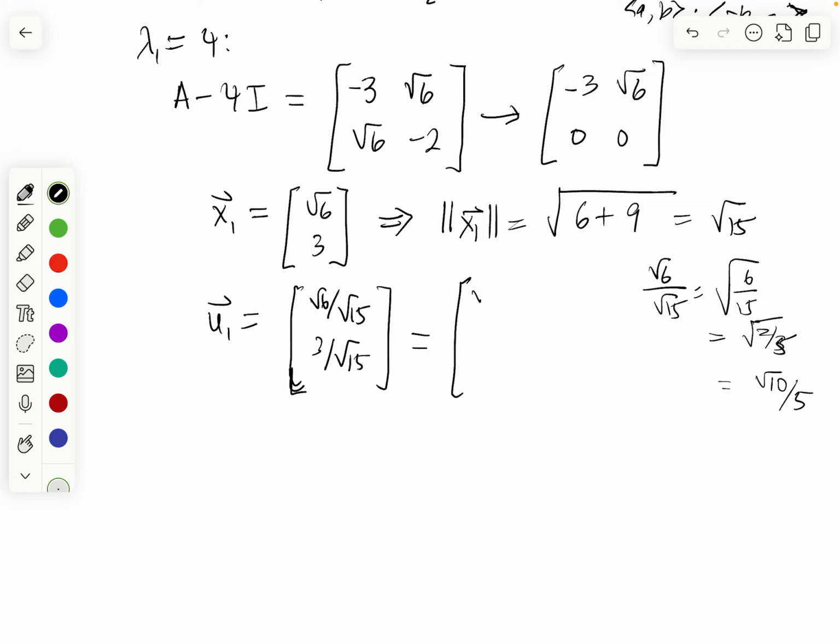So the square root of 10 over 5. And then 3 over the square root of 15, I can multiply top and bottom by the square root of 15, and then this is 3 times the square root of 15 over 15. And then I can write the bottom as 5. So it's the square root of 15 over 5.